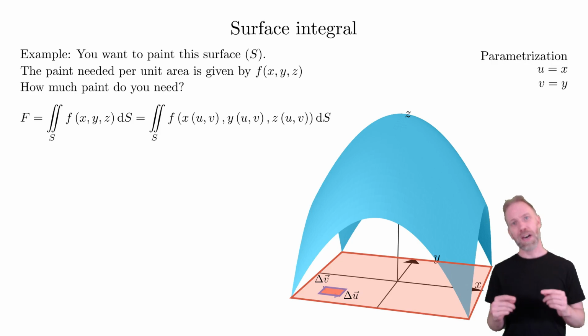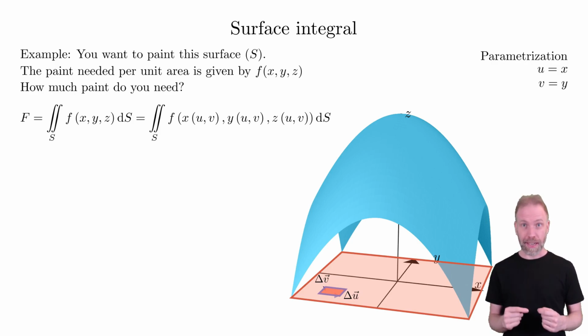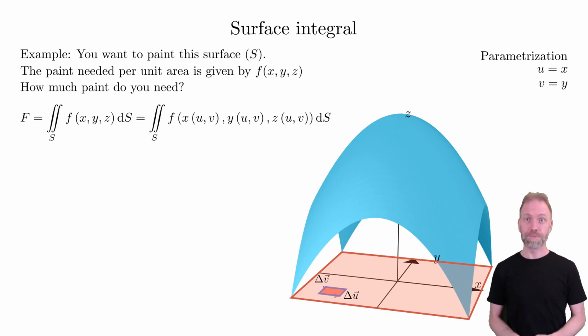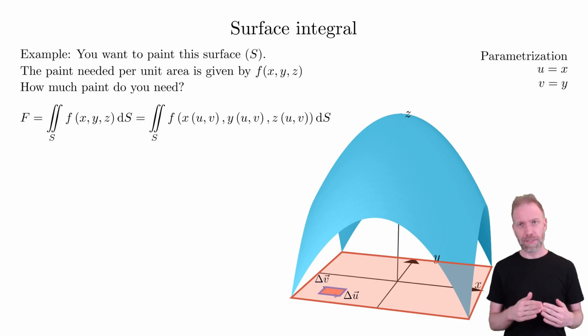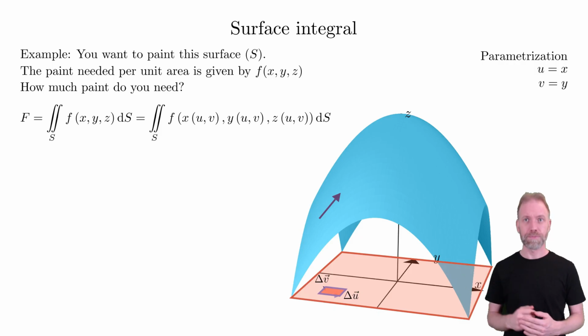However, our integration surface is not the red rectangle, it's the blue surface. Hence, our area element should be on this blue surface. The idea here is to look at what happens on the blue surface when we take small steps in delta u and delta v. This would create the following two vectors.